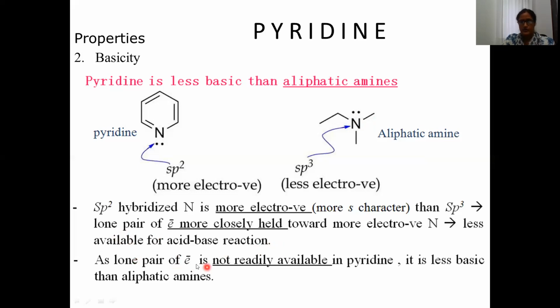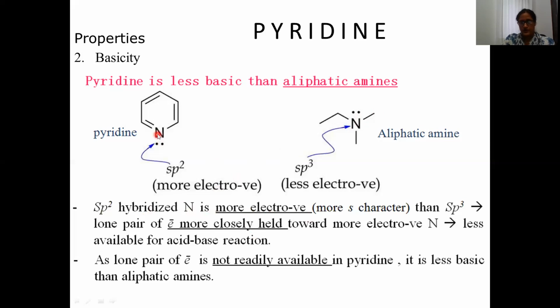As the lone pair of electrons is not readily available in pyridine, it is less basic than the aliphatic amine. So repeating this, the basicity of pyridine is less than the aliphatic amines. The reason is that the sp2 hybridized nitrogen is more electronegative.